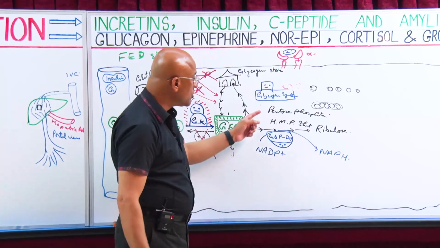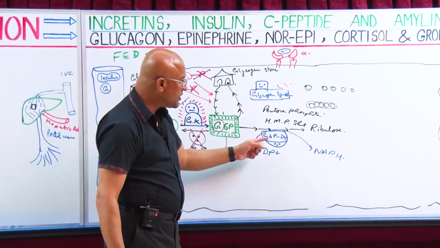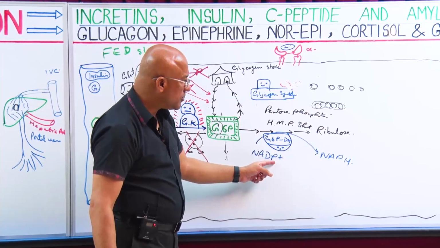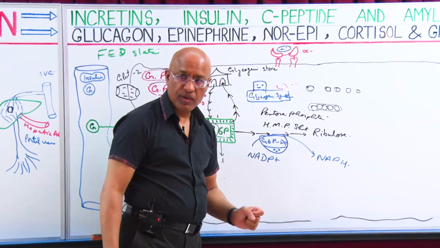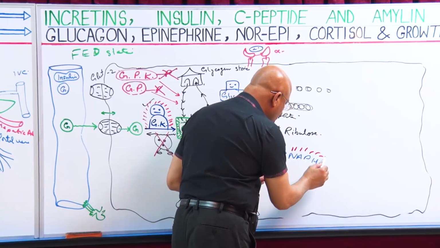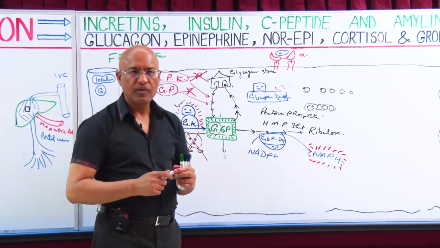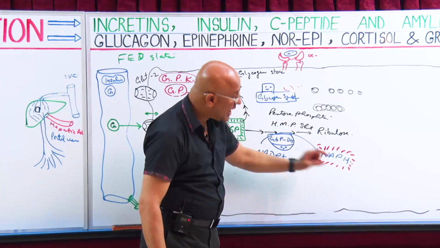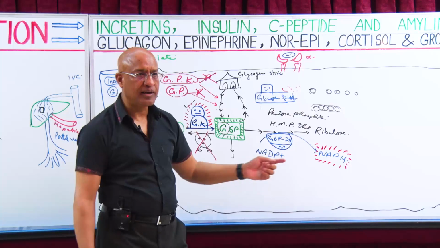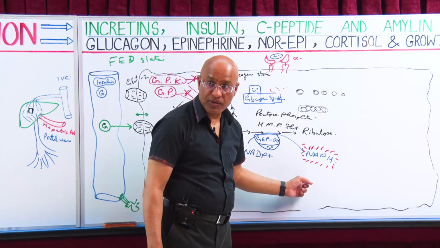Once the hexose monophosphate shunt or pentose phosphate pathway is activated, it converts NADP plus into NADPH, a high energy molecule. Later in the lecture, we will see that this NADPH will be utilized for the synthesis of fatty acids.